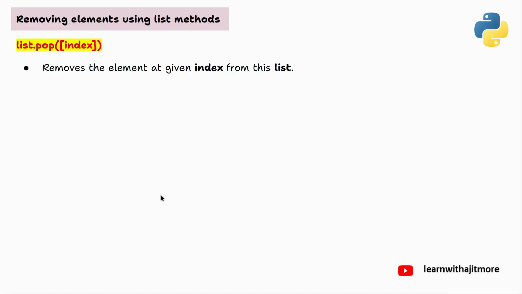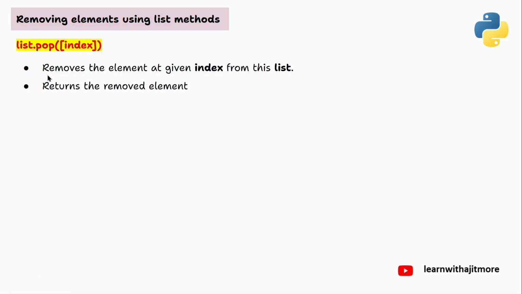Yes. See, it removes the element at the given index from this list. This list means the one which is invoking it, or the list in whose context you're calling that pop. वो pop method जिस list के context में आप invoke कर रहे हो, वो हम this list कह रहे हैं.